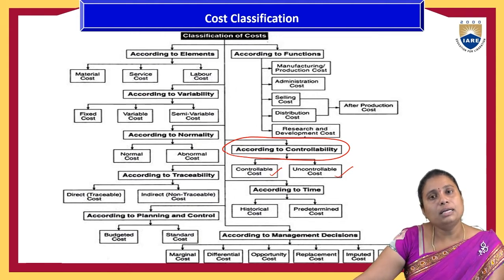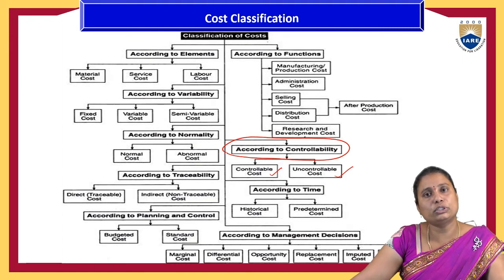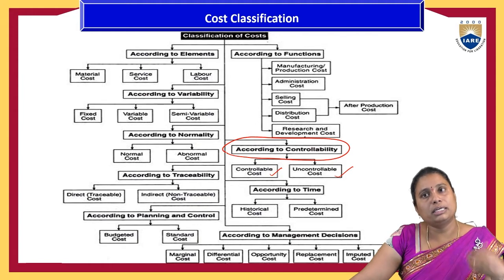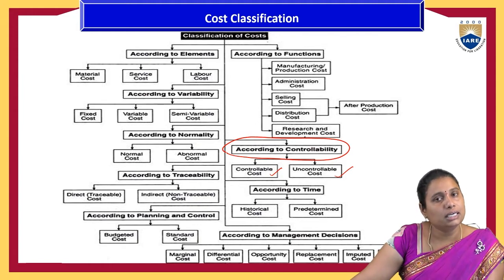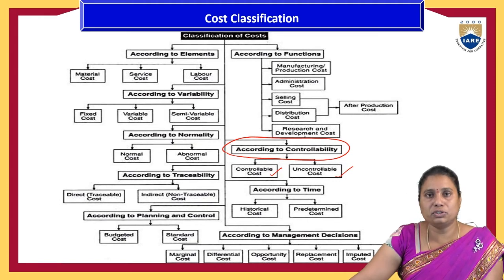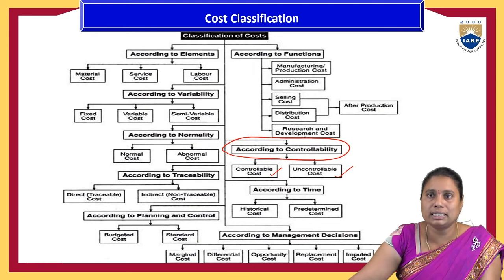So, for example, the organization faces a natural disaster and one of its offices has collapsed. Then definitely they have to spend on that. That is called uncontrollable cost. And if the office is planning a function, due to the overcost they can postpone that function or any event, and the expenditure incurred on that event.